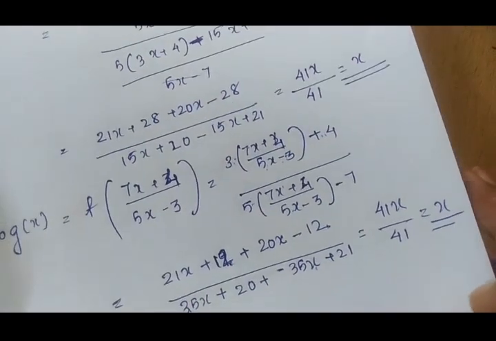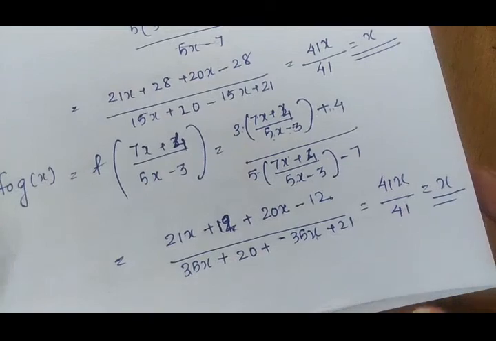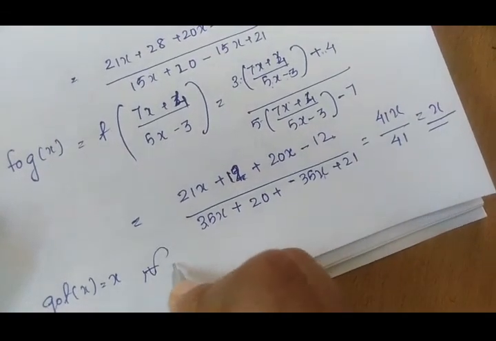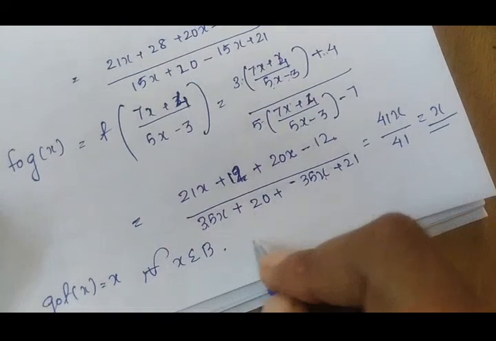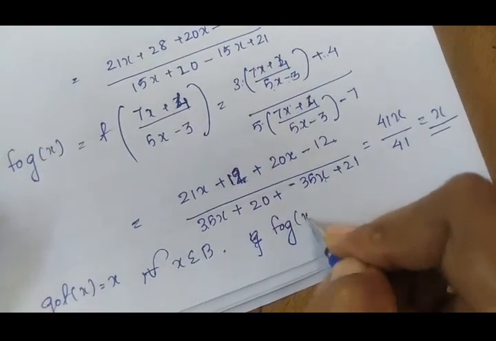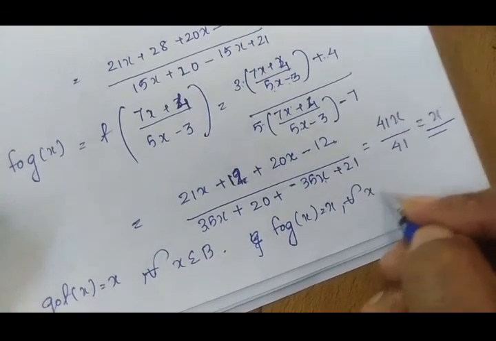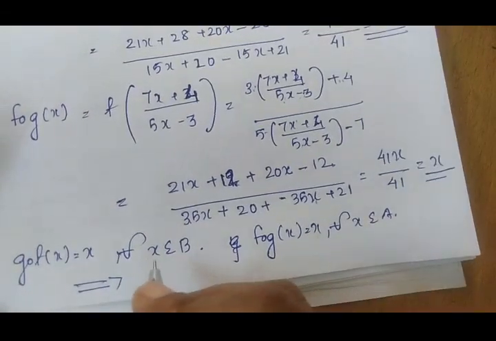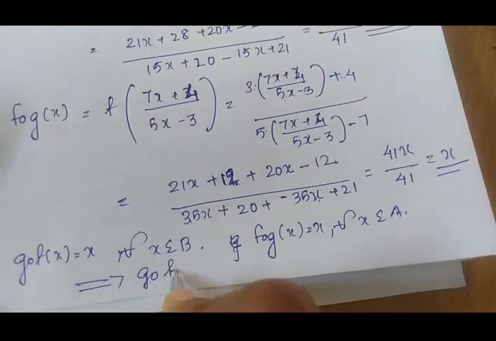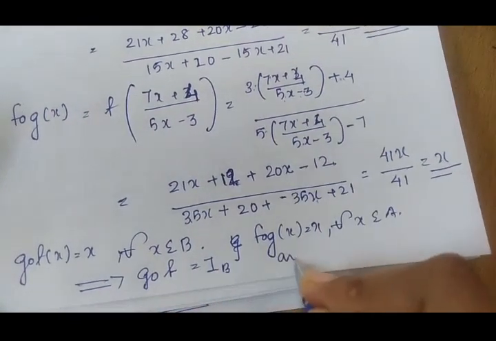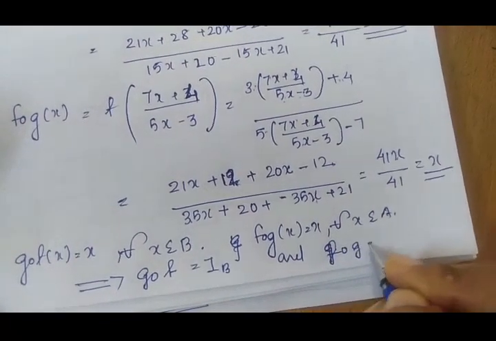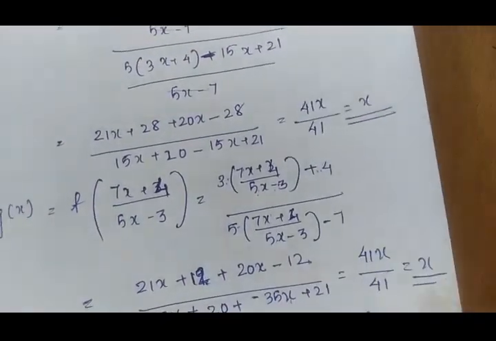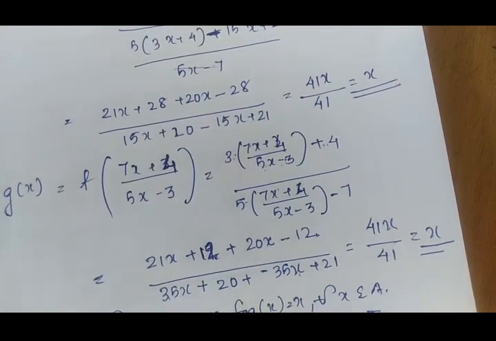Here g composition f and f composition g are equal to x. g composition f of x is equal to x for every x element of B, and similarly f composition g of x is equal to x for all x element of A. It implies that g composition f is equal to IB and f composition g is equal to IA.